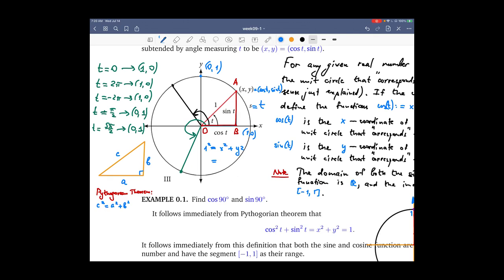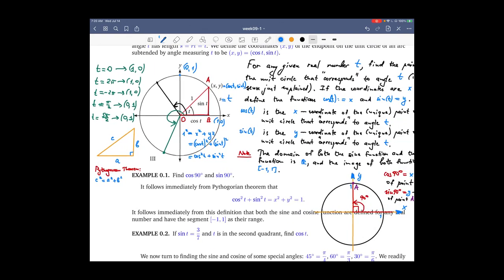But on the other hand, x is cosine t, and y is sine t. It's more common to write squares after cos and sine rather than in parentheses. So I can write cosine squared t plus sine squared t equals 1.